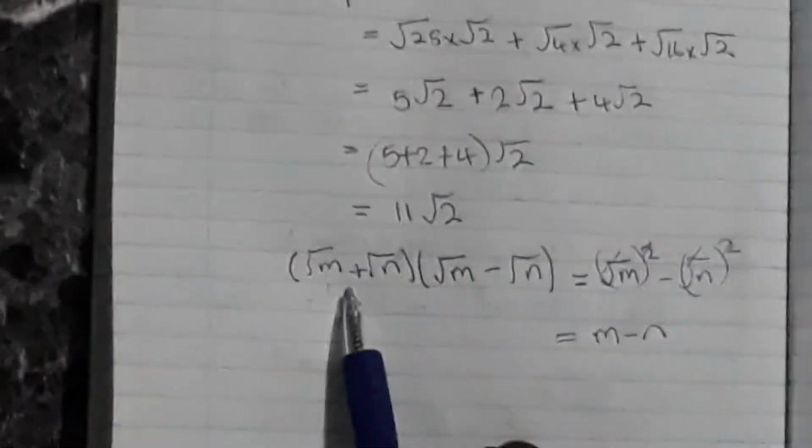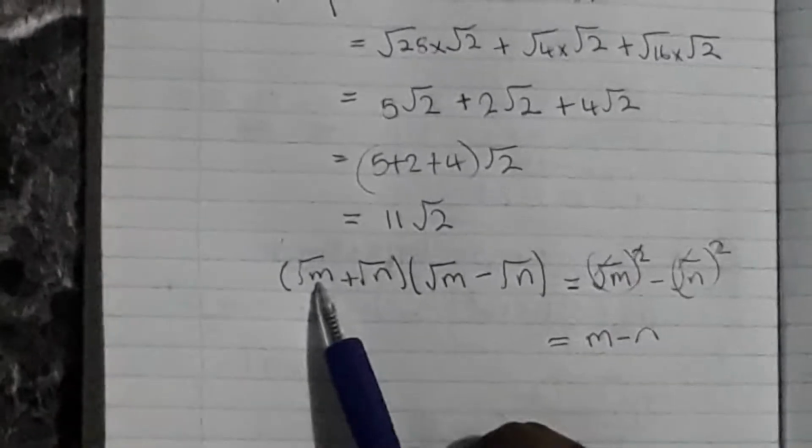So when you see the surds in this format, you can skip a few steps because you know that it's gonna write down to give you m minus n.